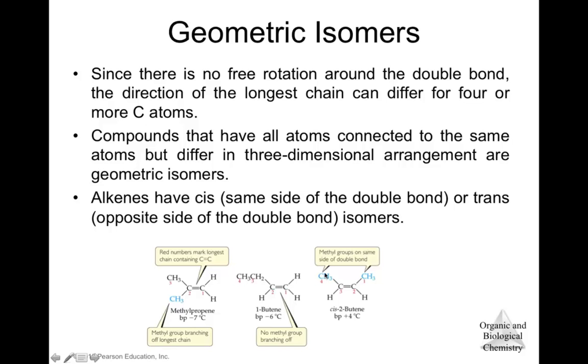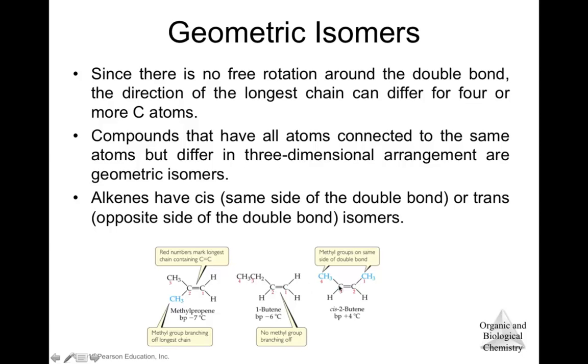Now let's see this one. We have here 1, 2, 3, 4. This is butene, but now this double bond is inside the chain. Okay, so we need to give the number for the first carbon of this double bond. So it is 1, 2. So that's why it is 2-butene, as different from this one. This is an external double bond.